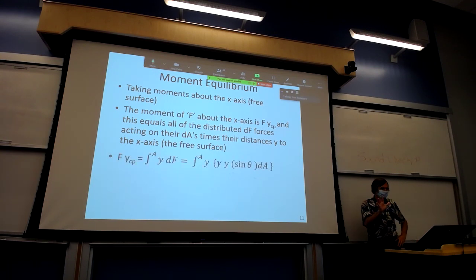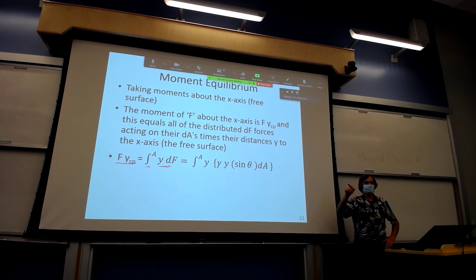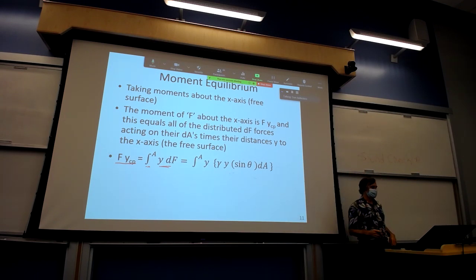So in a mathematical form, what we're saying is that the resultant force, F yCp, is equal to the integration over the area of all the little moments due to each dF on each dA times their moment arm y. So as you take different horizontal strips dA through the area, it's going to have a different distance to the x-axis. So y is a variable in that case.